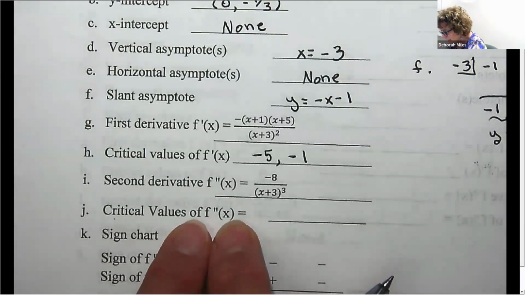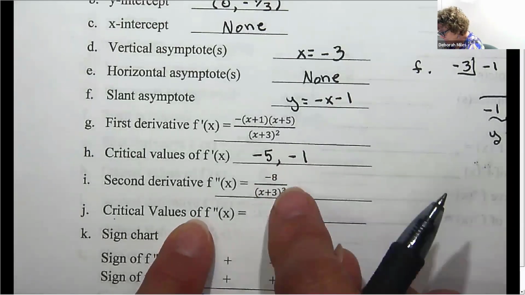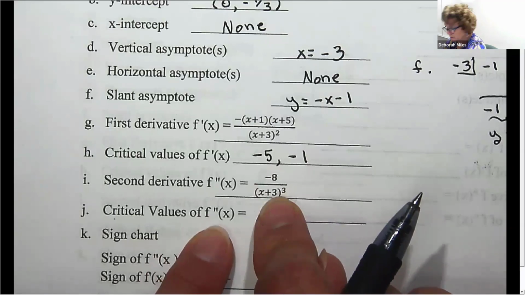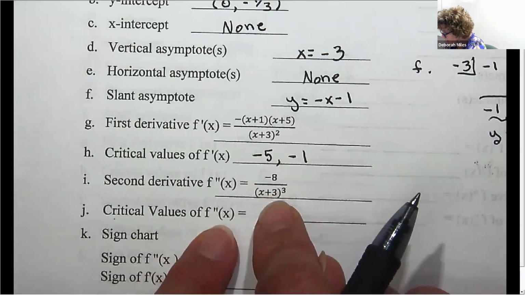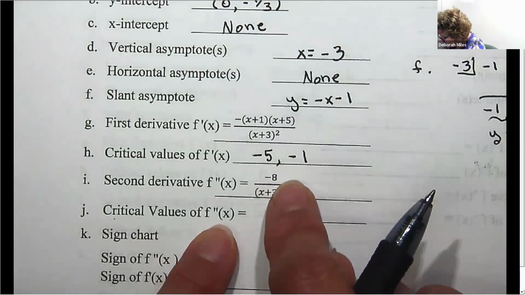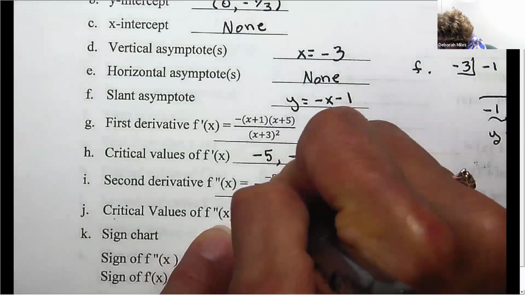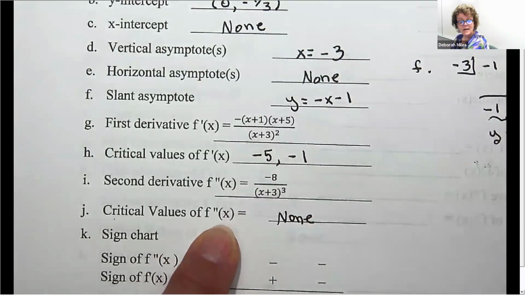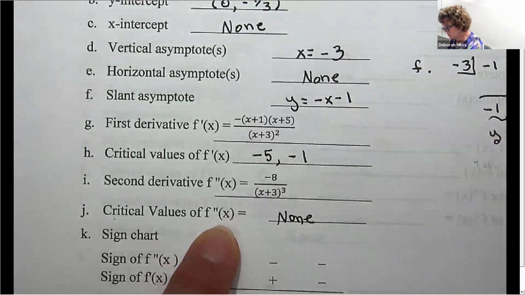Critical values of the second derivative can't be -3, because we know there's a vertical asymptote at -3. There's nothing that makes it 0. So there are no critical values of the second derivative, and that tells us there are no inflection points.